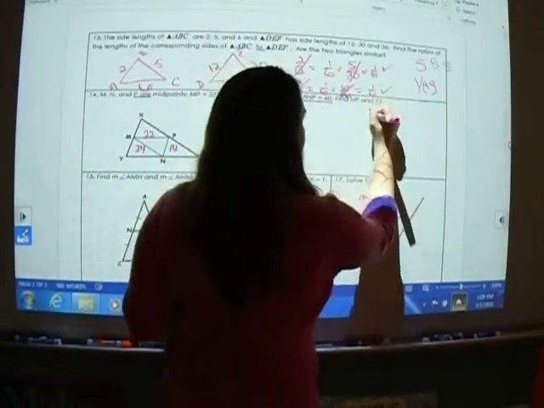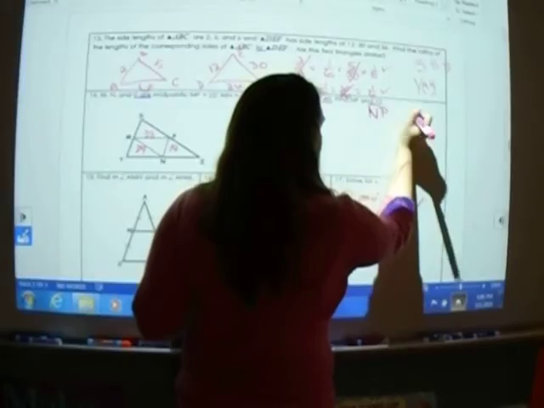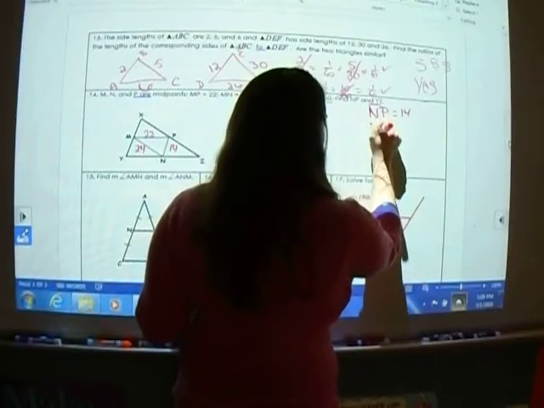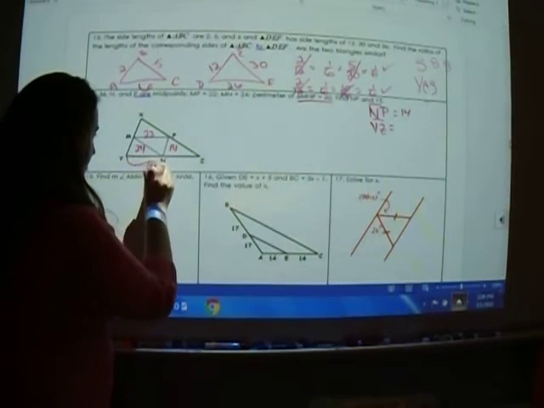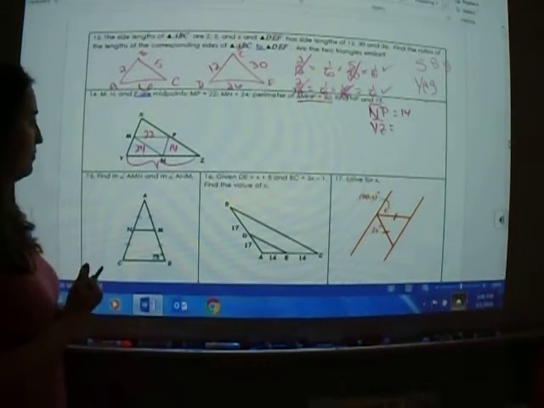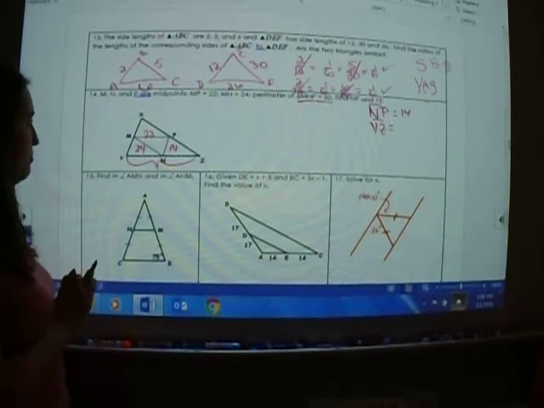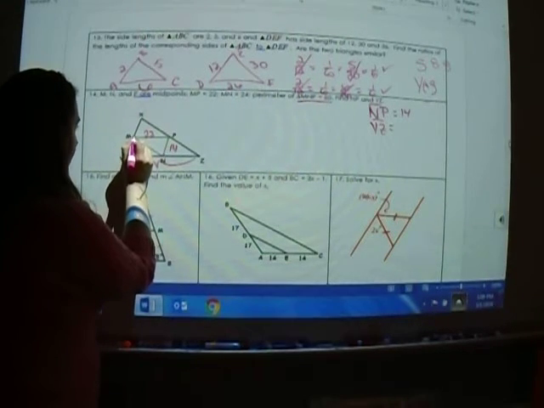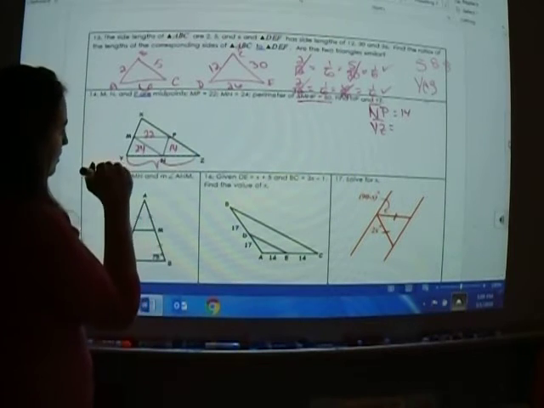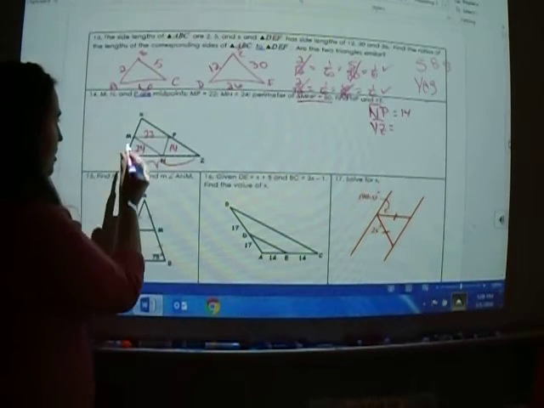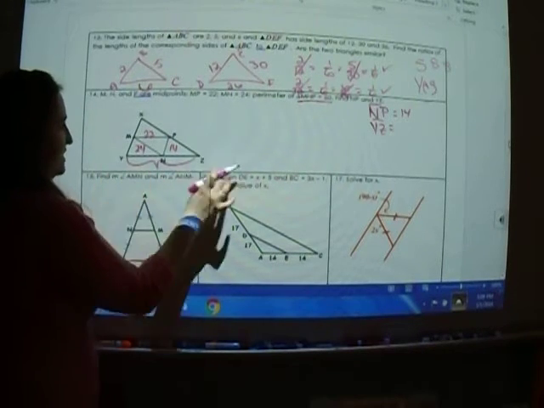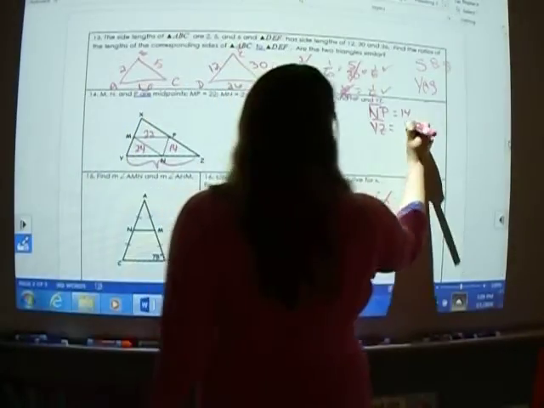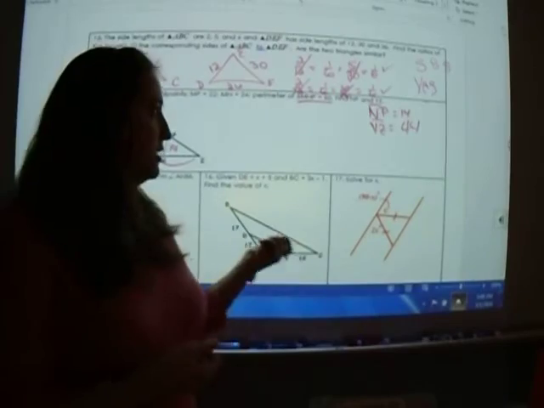So we already know what NP is. 14. And YZ, right? YZ, which is this right here. All right? So if these are midpoints, this is halfway up here, this is halfway up here, pick up this line. This is half of this, right? So YZ is just 44. Okay? It's pretty easy.